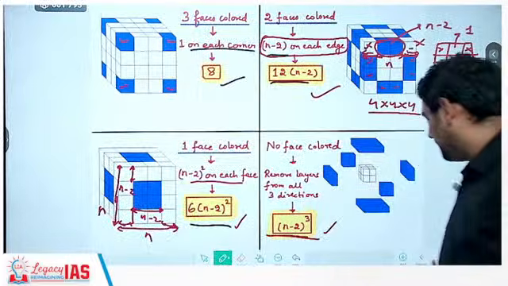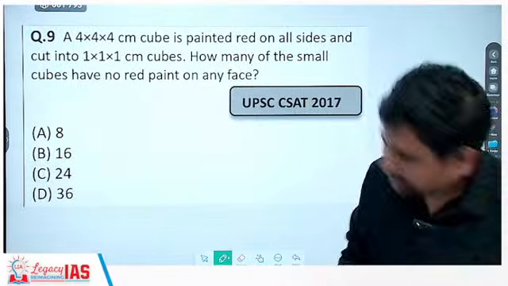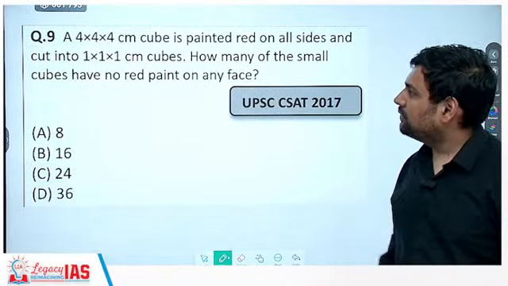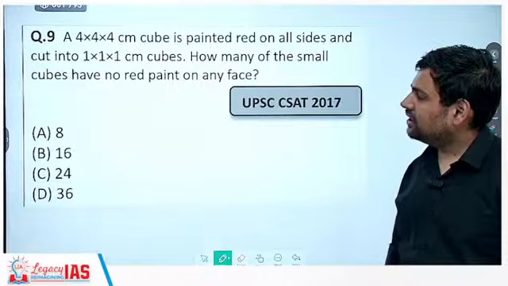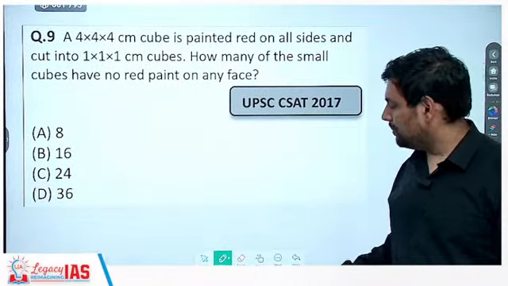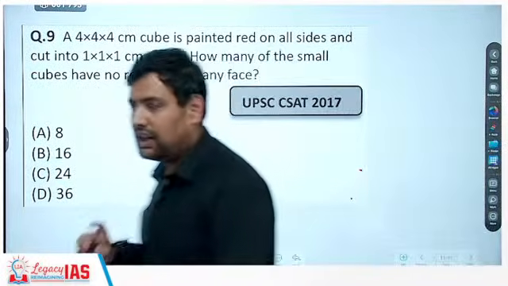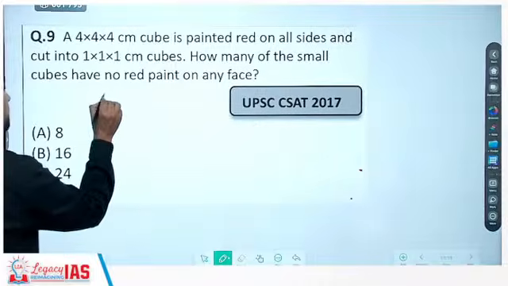Okay. Then now let's do this question. A 4 cross 4 cross 4 cube is painted on all sides and cut into 1 cross 1 cross 1 cubes. How many of the small cubes have no red paint on any face? Very easy. Correct? First thing you find out is n.